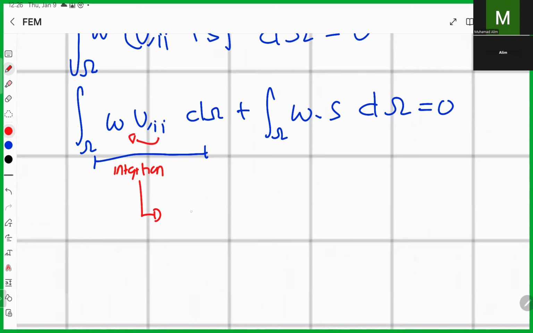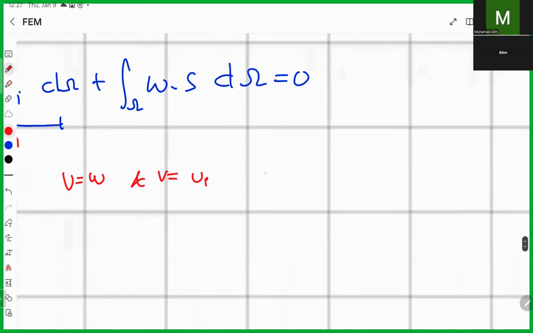Recall the product rule; for example, let u equal w here, and phi here equal to u_i. So basically you will have u times phi here.